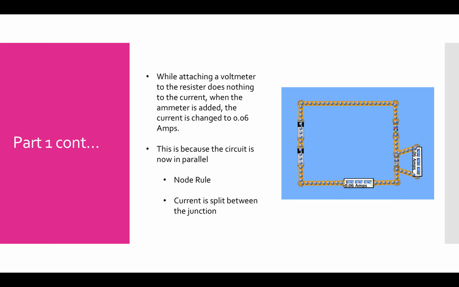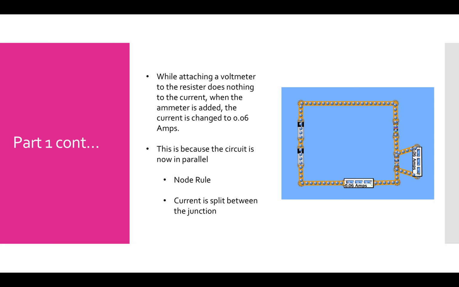So continuing on, we then did a parallel circuit. We attached a voltmeter to the resistor, which again did nothing because it has an infinite resistance. But when the ammeter was added, the current changed to 0.6 amps.